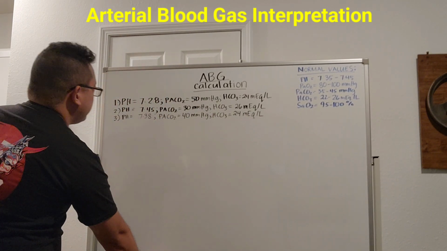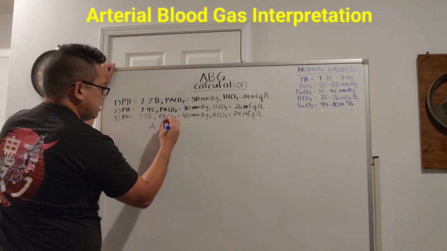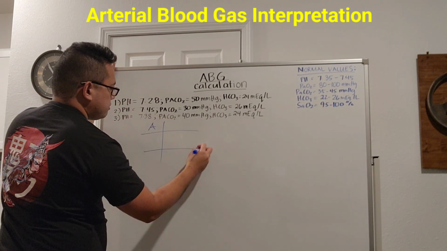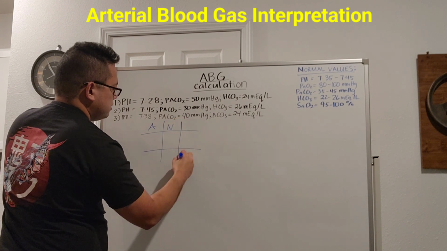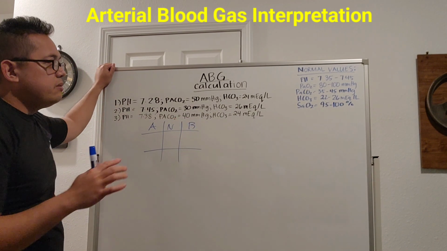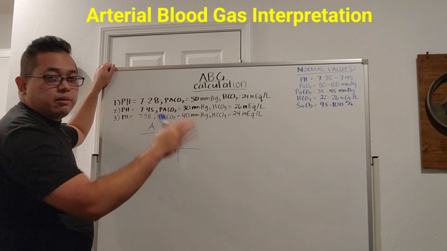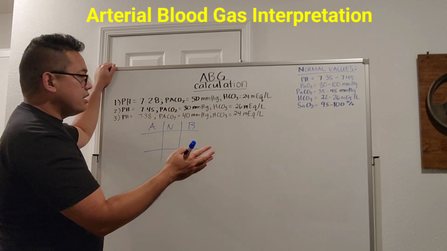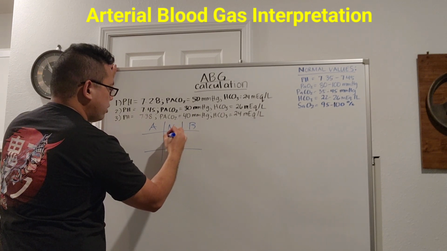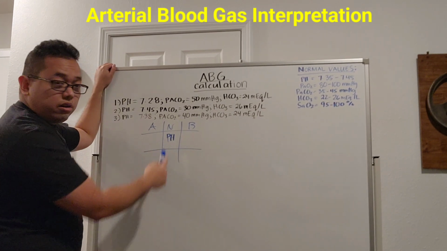So the given in number 2 is, again, our pH is 7.45. So our pH is borderline basic and normal, but it's still within normal, so I'll put pH as normal over here.